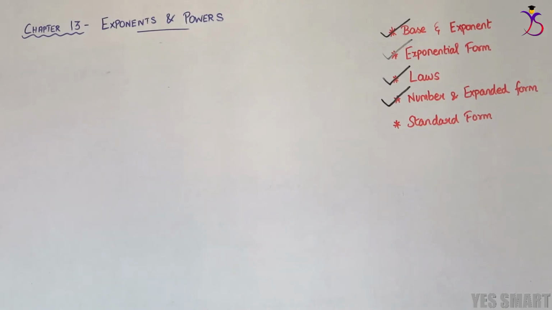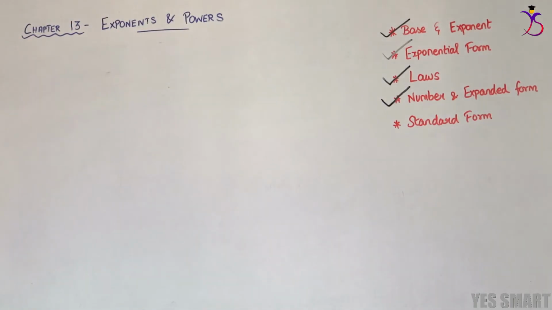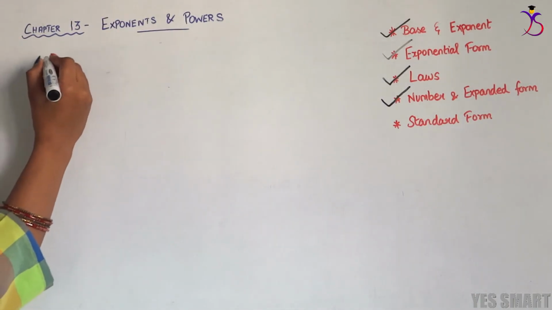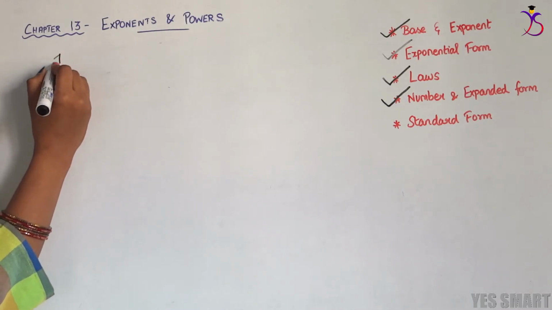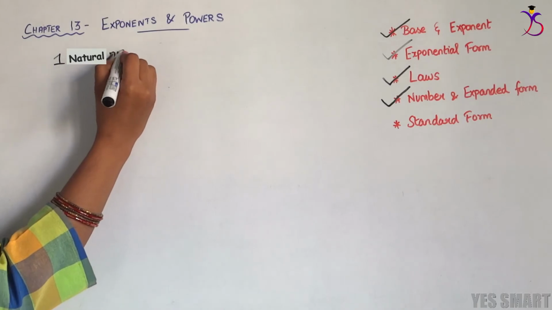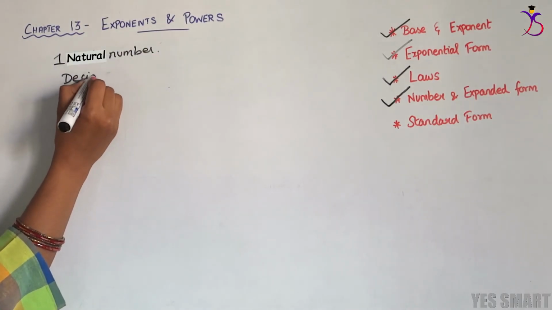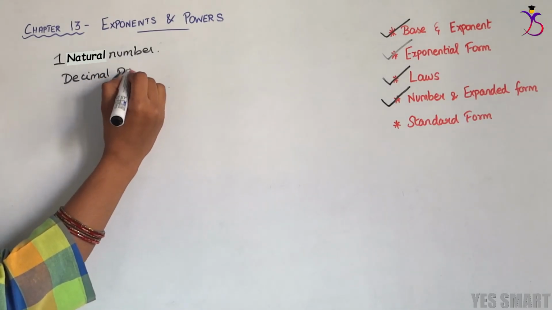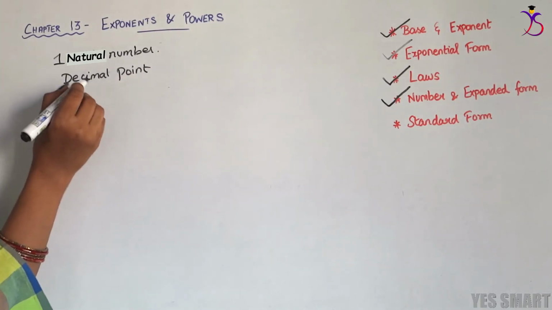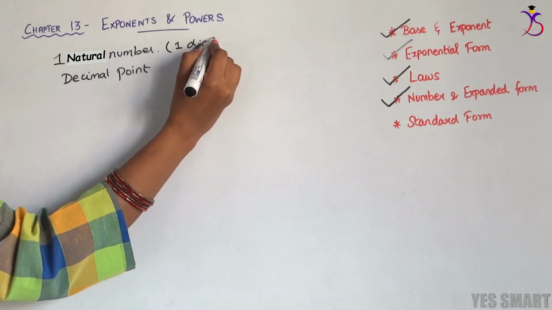Now let's discuss the standard form. We will be asked to write a number in standard form or scientific notation. Both are the same. It has 4 parts. The first one should be a natural number, so it should have one natural number, then a decimal point, followed by... it should be one digit.